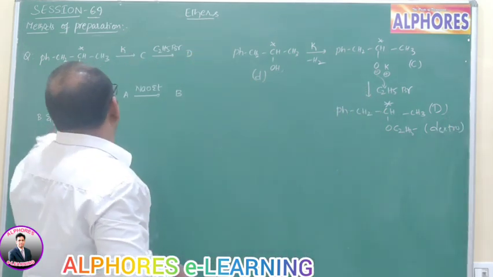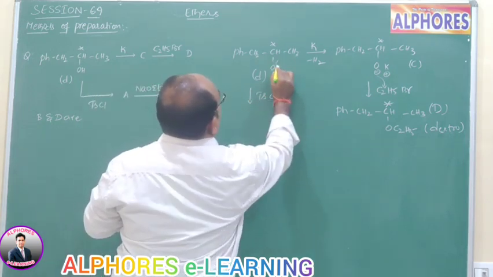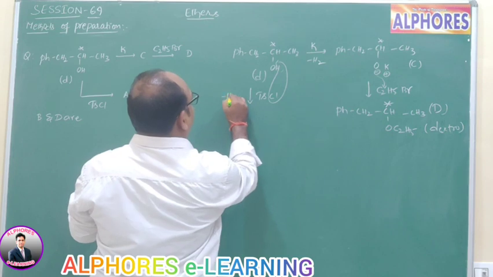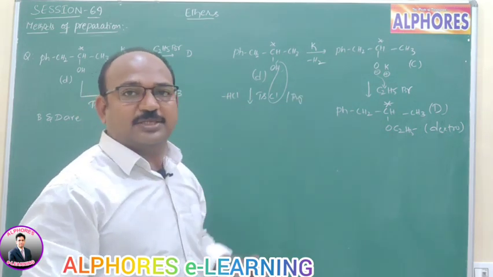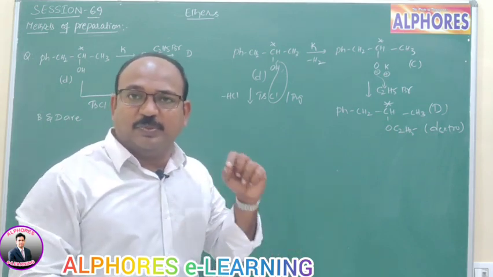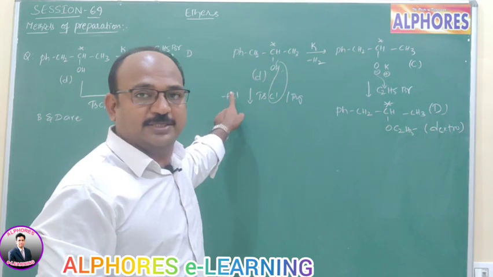Now, in the other part, upon reaction with tosyl chloride, HCl will be eliminated. Whenever we use tosyl chloride, generally a nitrogenous weak base is used to absorb HCl.